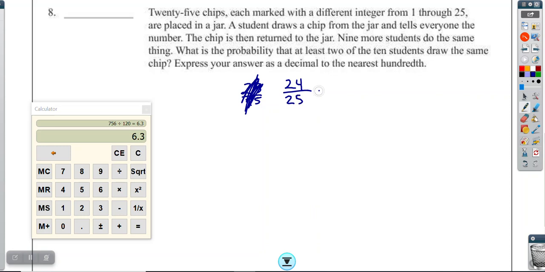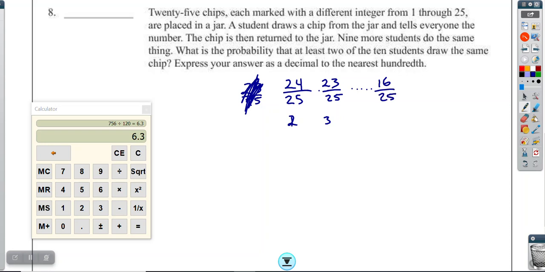So that's the second student. Then the third student is going to be 23 chips out of 25 that they can pick that would be new. And I'm going to continue that all the way to the ninth student, which is going to be 16 out of 25.